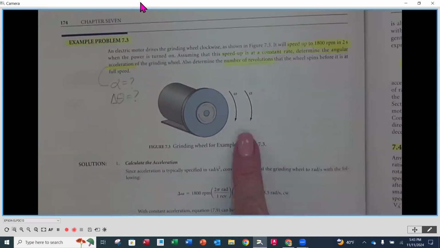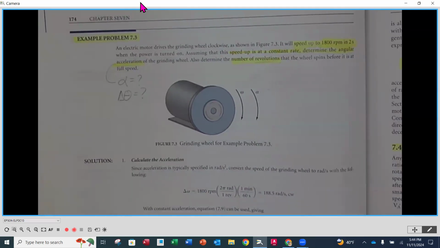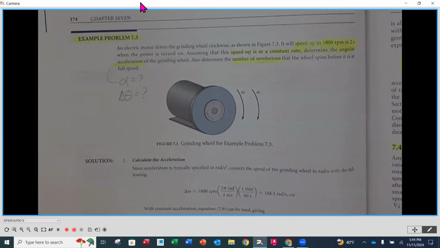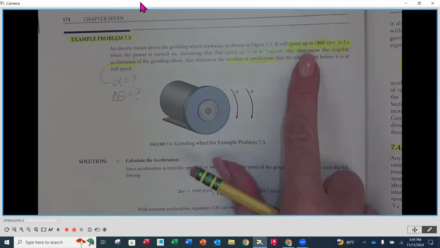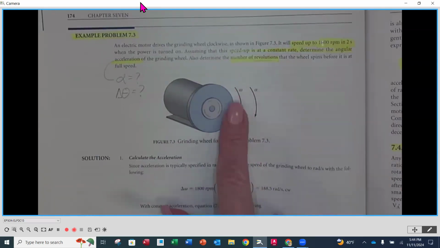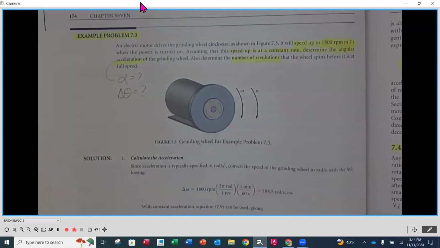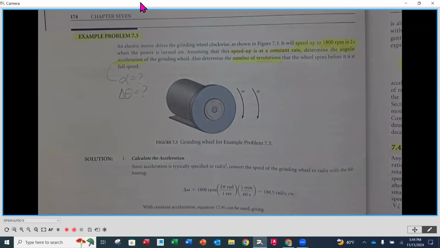Next to it, there's another arrow going clockwise, and it has alpha next to it. Because this says it's speeding up, notice that alpha, angular acceleration, is going in the same direction as the rotational velocity.